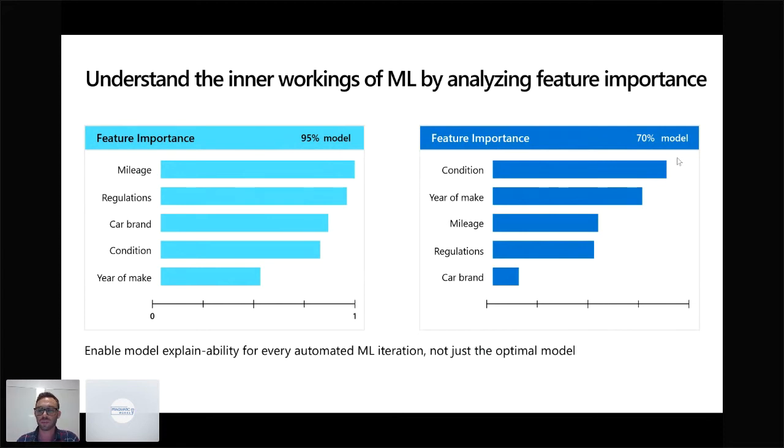If you go into the experiments, and I'll go through a demo in the portal briefly, you can see we have a lot of pre-made graphs, one of those being feature importance. Of course, this is a common ask: what feature is impacting my target variable the most? You can see here, in our 95% model, the mileage plays quite a big factor in the price of the car, which makes sense.